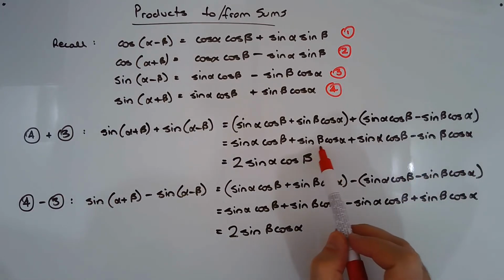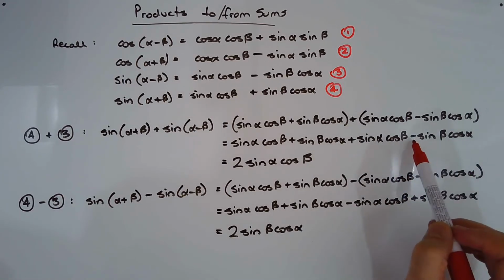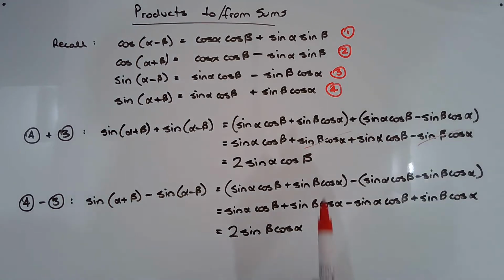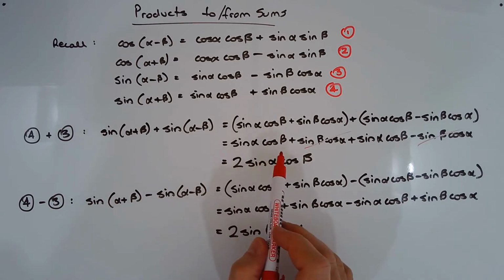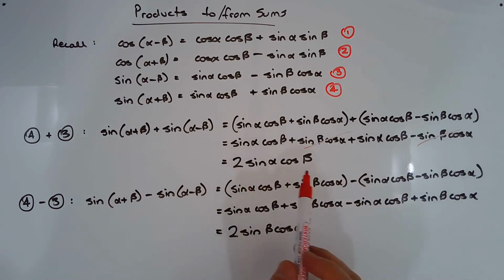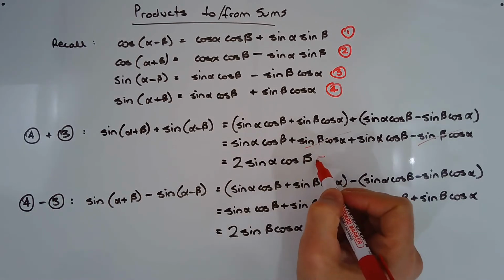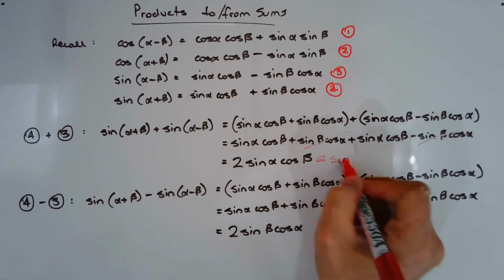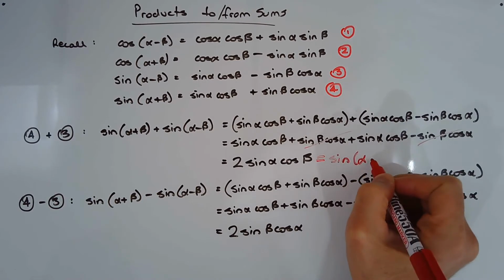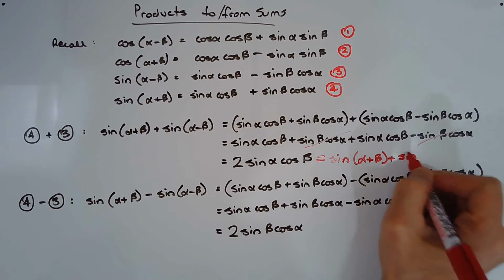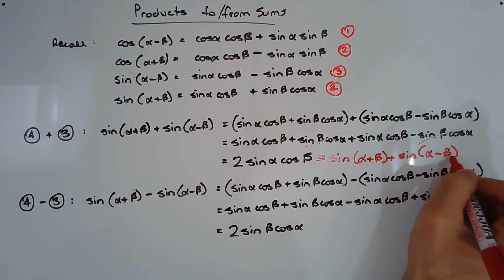So you've got the sine beta cos alpha and this negative sine beta cos alpha. So both of those will cancel out, and then you end up with sine alpha cos beta, sine alpha cos beta. There's two of those, so you end up with 2 sine alpha cos beta. Okay, so that's just sine of alpha plus beta plus sine of alpha minus beta.